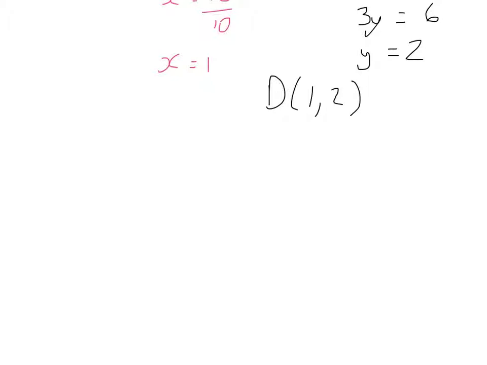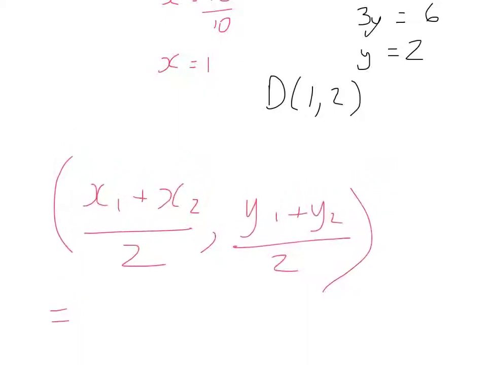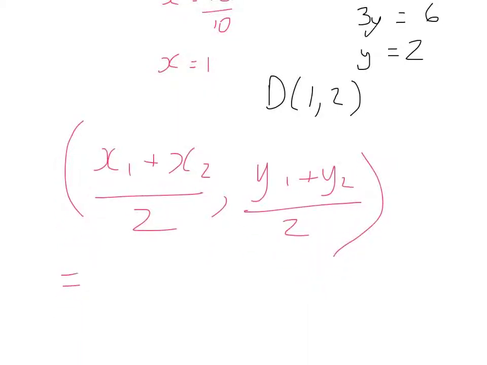Final bit, it says that E is the midpoint of AB, so if I do x1 plus x2 over 2, and I do y1 plus y2 over 2, I will find E's coordinates, which should be 4, 1, I think, by the time we finished.